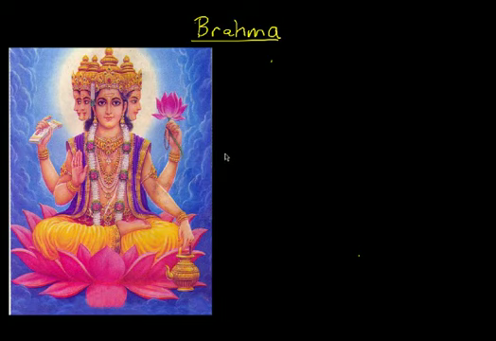So let's get started. As you will notice, Brahma has 4 heads and four hands. Symbolically speaking, the reason Brahma has 4 heads is because there are 4 main Vedas in Hinduism.